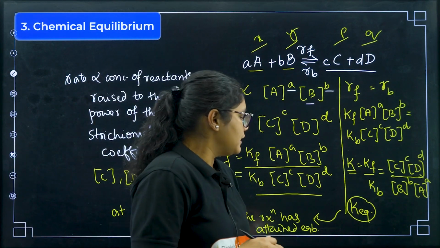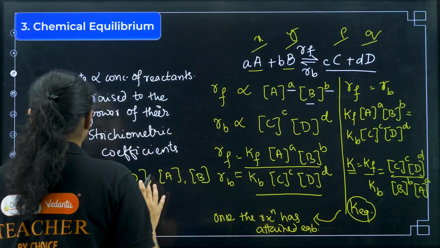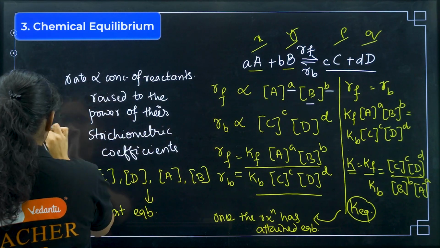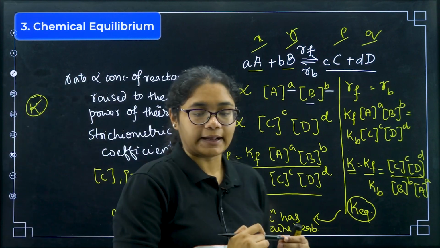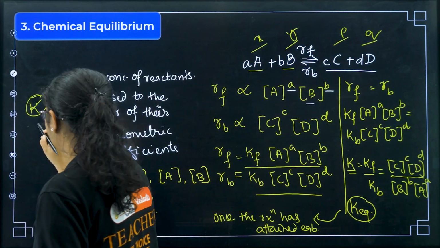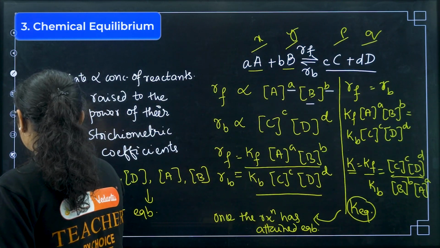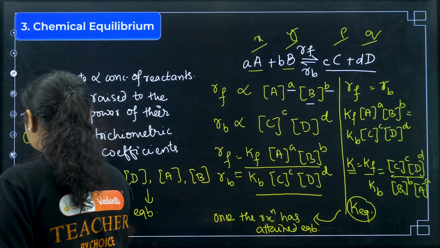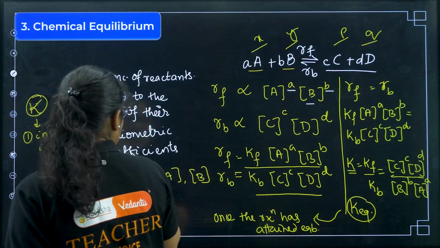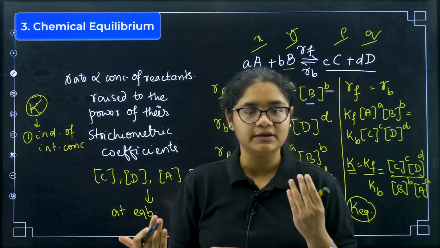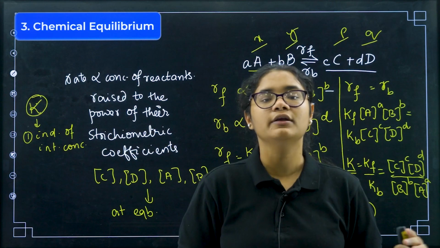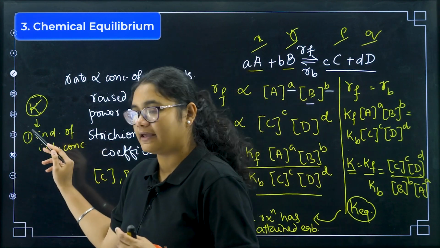Okay. Now what should we know about this equilibrium constant K? The first point: it is independent of initial concentration. Meaning how much A you took, how much B, C, D you took, that is not at all affecting the K value.